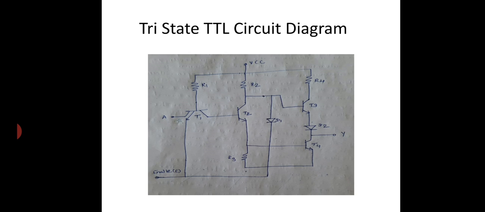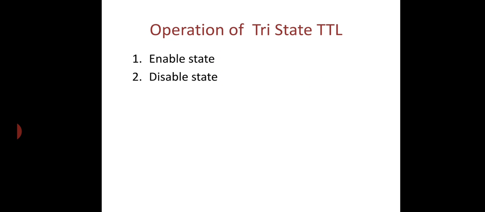Now, I will explain the operation of the tri-state TTL. As I said, the circuit has two inputs A and E, that is the enable.